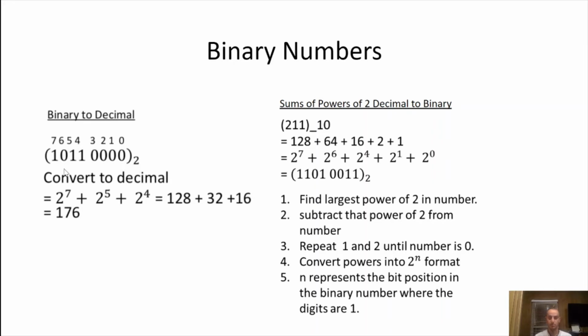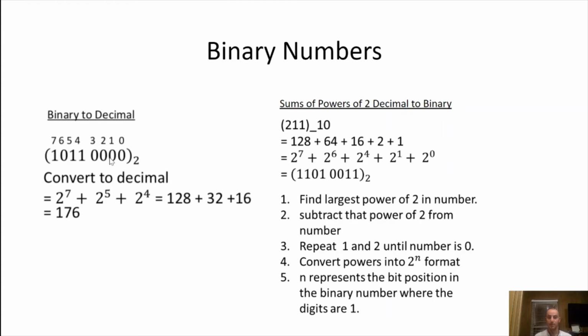And this is just a recap. We talked about this already. The way is to calculate the value of each position and then multiply by that digit. So how do we do that? We index from right to left, from 0 onward.